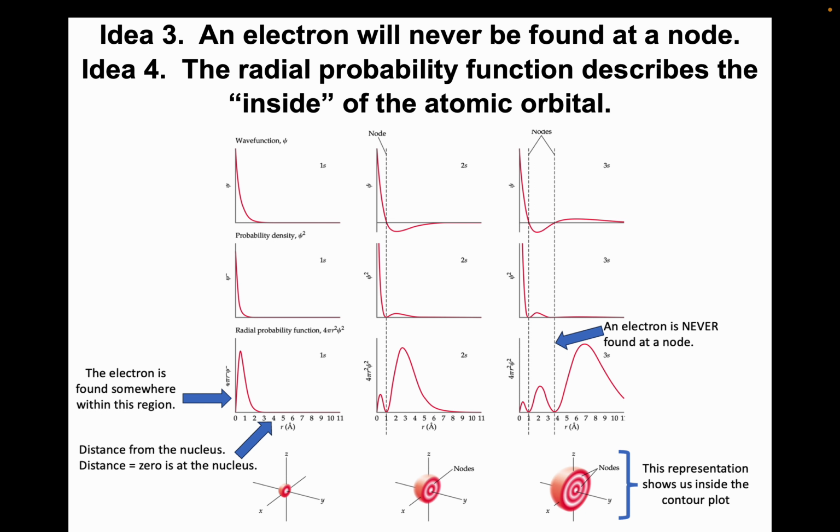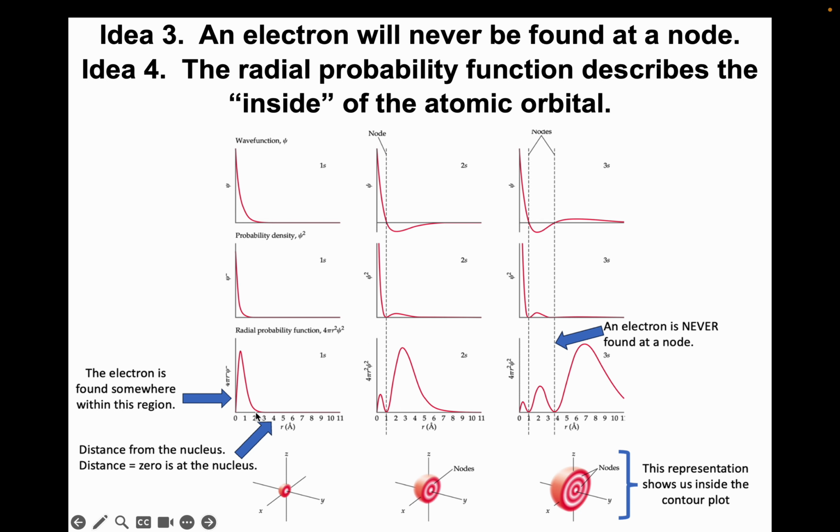So within this, on the x-axis, the 0 is where the nucleus is. And as we move to the higher numbers, we're moving farther and farther away from the nucleus. The peak that we then have, that tells us where the electron can be found. So for a 1s atomic orbital, where might the electron be found away from the nucleus?